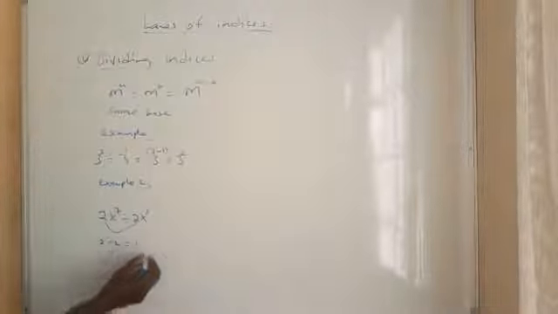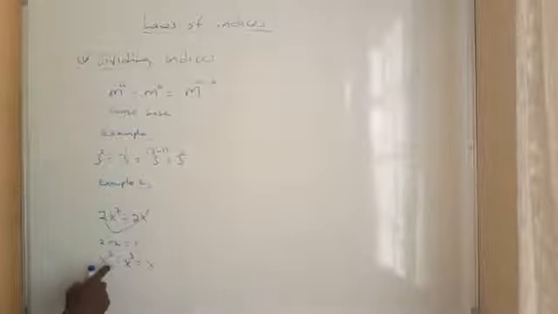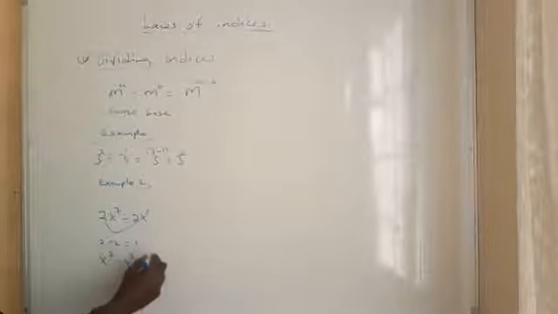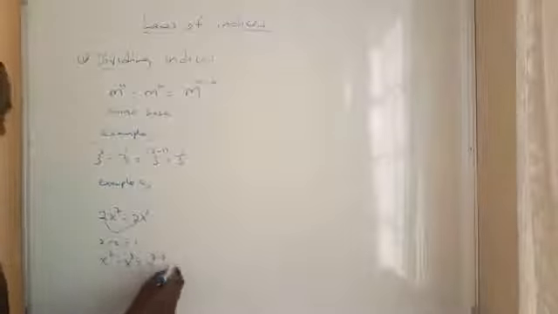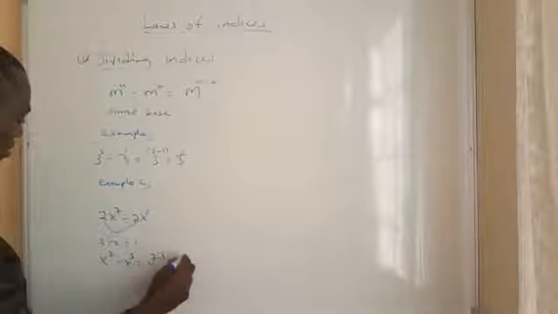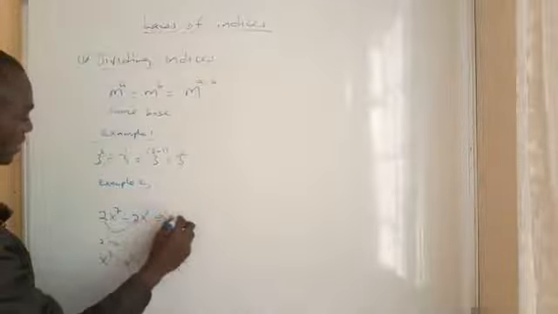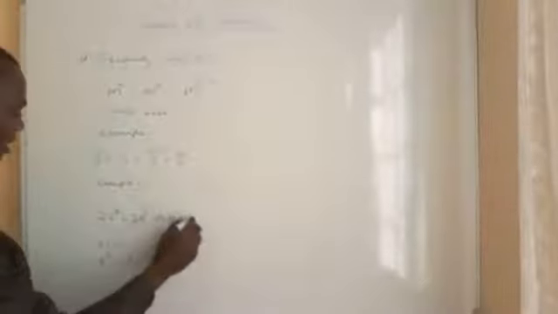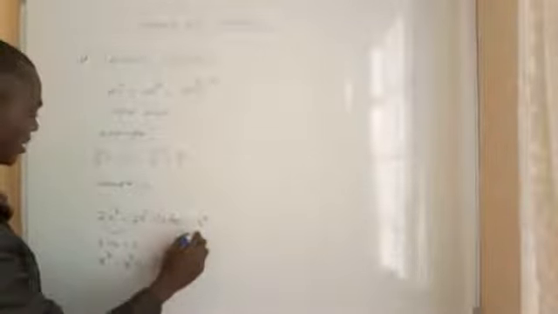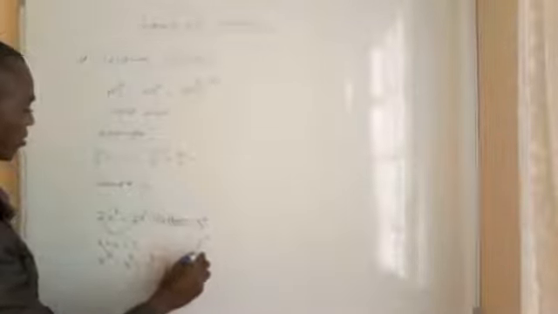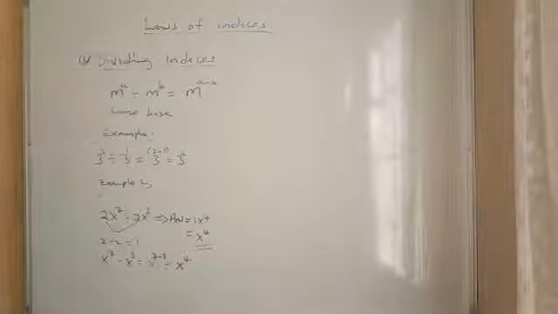Why are we subtracting? Because the law of division says if the bases are the same, then you subtract the powers. So the answer here is x to power 4. So finally, our final answer for this will be 1 times x power 4, which is the same as x to power 4.